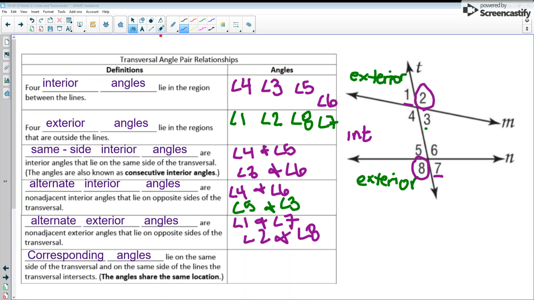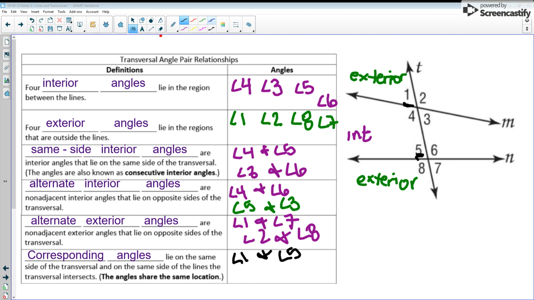And lastly, we have my favorite one, which is called corresponding angles. Corresponding angles lie on the same side of the transversal and on the same side of the lines the transversal intersects. For example, angle 1 corresponds to angle 5. So angle 1 and angle 5.